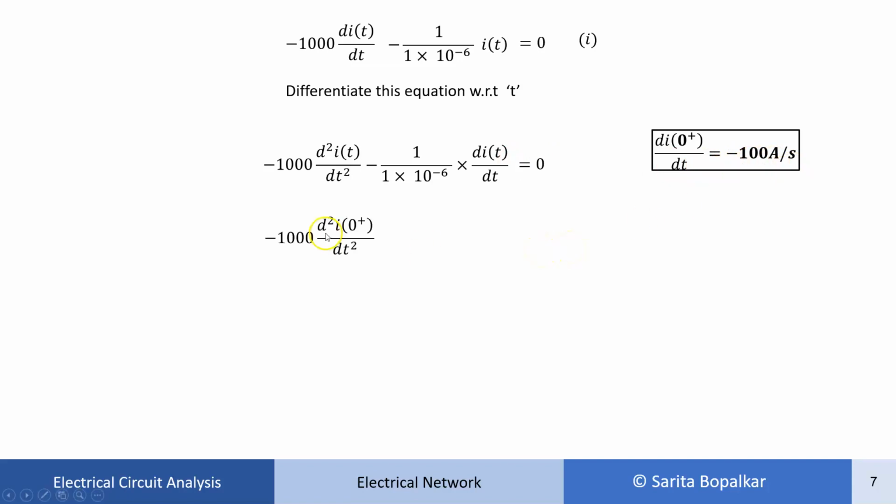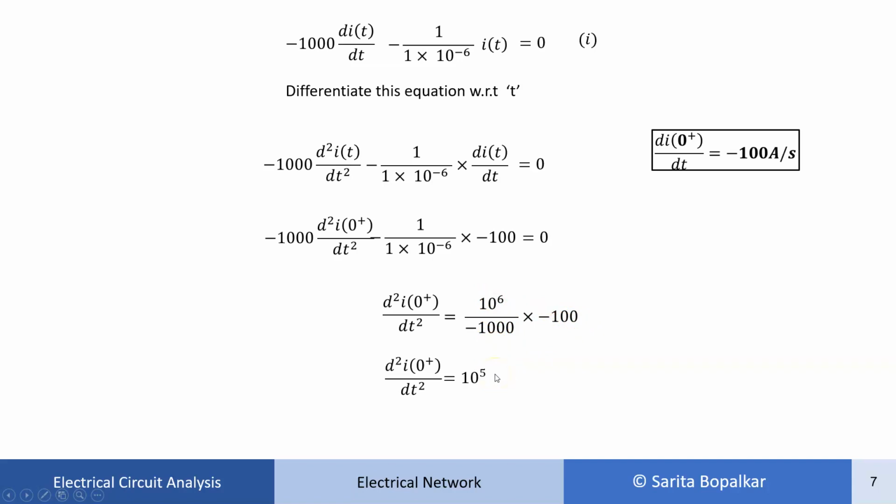So minus 1000 d square I by dt square at t is equal to 0 plus, minus 1 upon 10 raised to minus 6, and this value minus 100, is equal to 0. Now solve this for d square I by dt square. This term goes to the RHS and this minus 1000 also. Solve this: this will get cancelled and this term will come here.